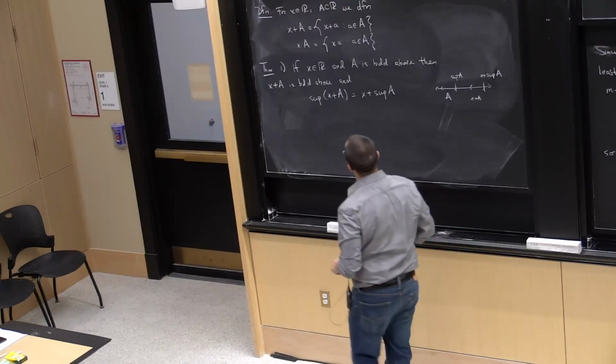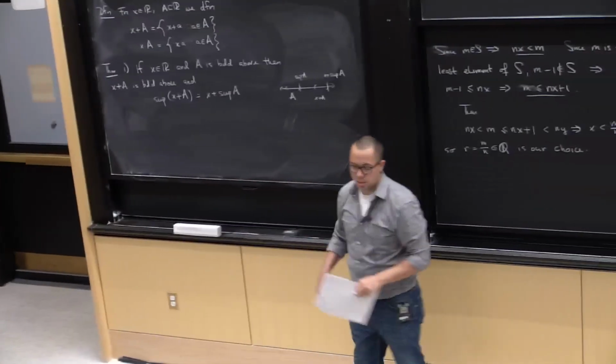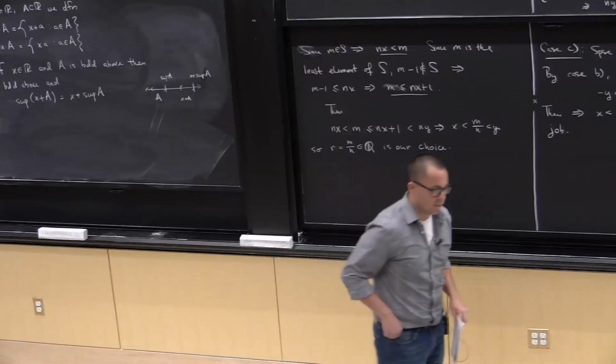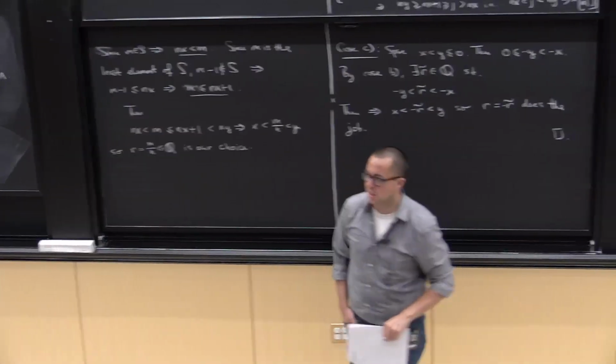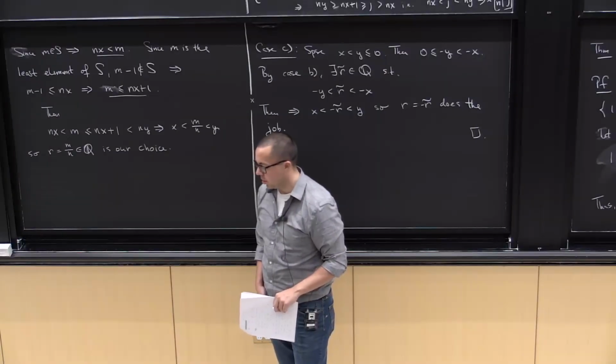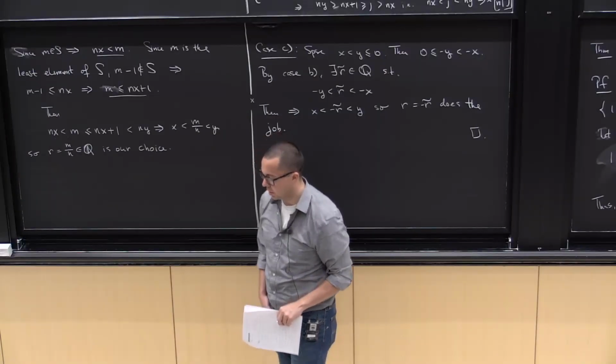There are surprising theorems in analysis. We already saw one, at least I thought it was surprising, about the cardinality of the power set compared to the cardinality of the original set.